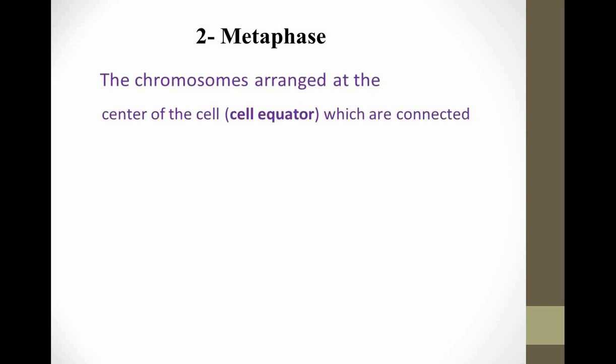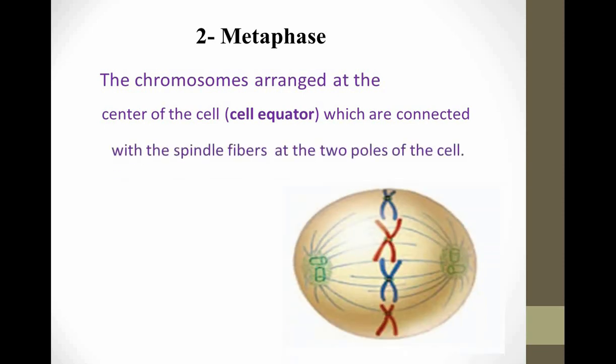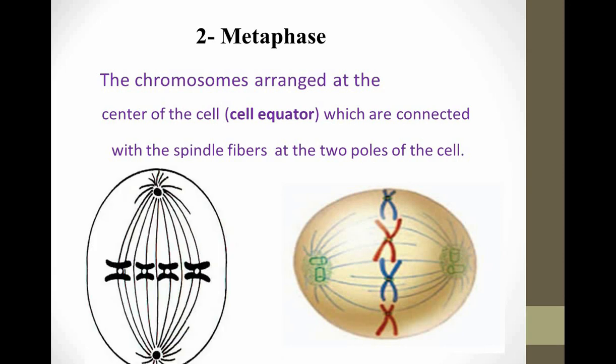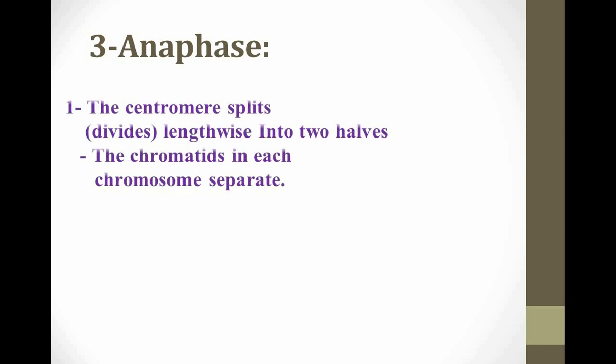Phase number two, metaphase. In metaphase, the chromosomes are arranged at the center of the cell, or cell equator, connected with spindle fibers at the two poles of the cell. Number three, anaphase.